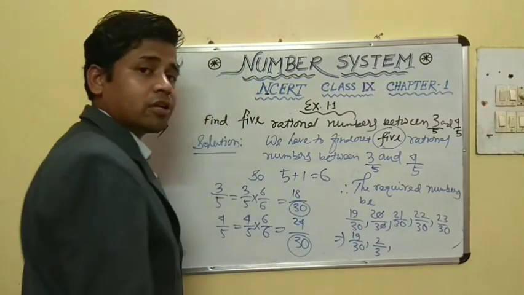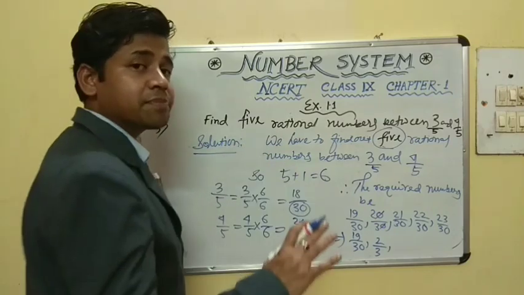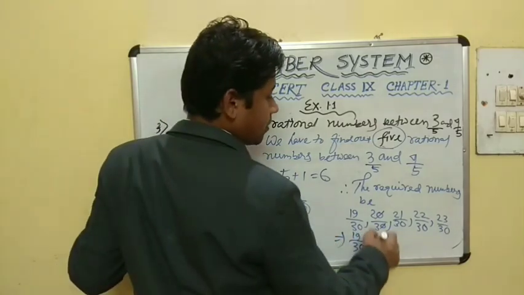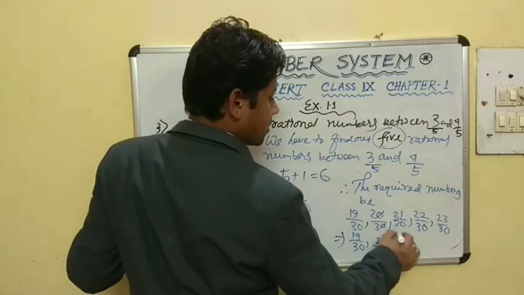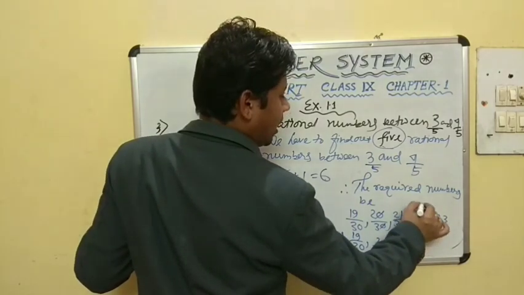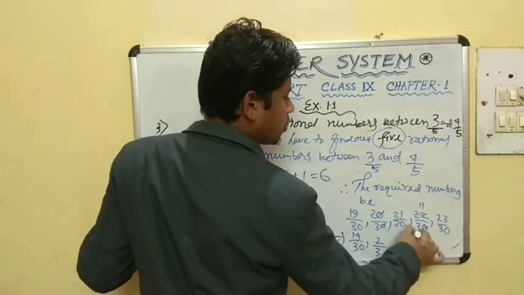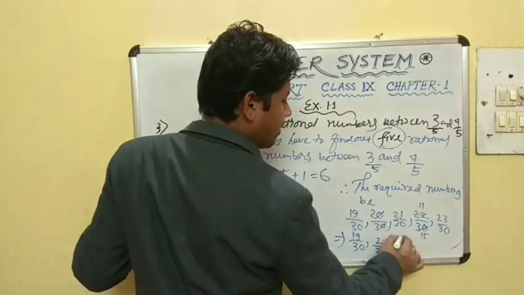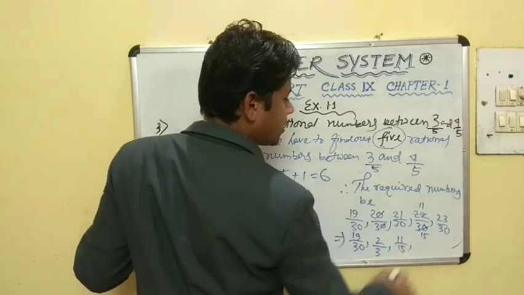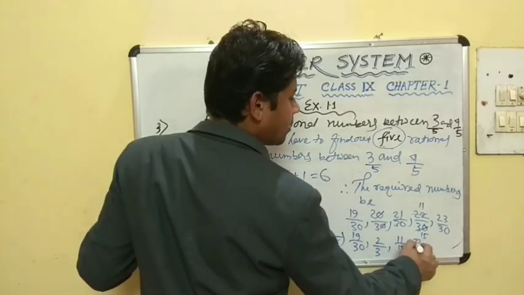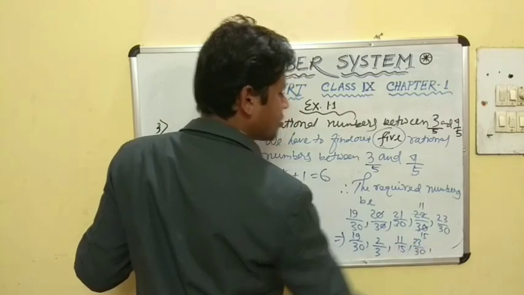Be sincere about it. We have to cancel out and make the simplest form, as p and q are co-prime every time. So 21 upon 30 is 7 by 10, 22 upon 30 is 11 upon 15. Again 23 upon 30, no reduction.